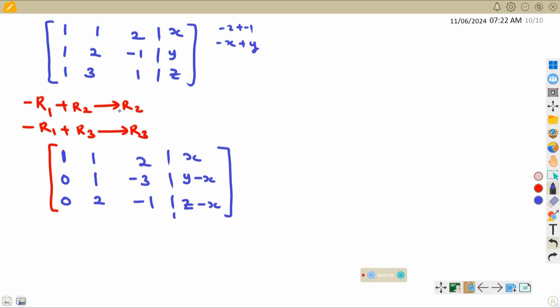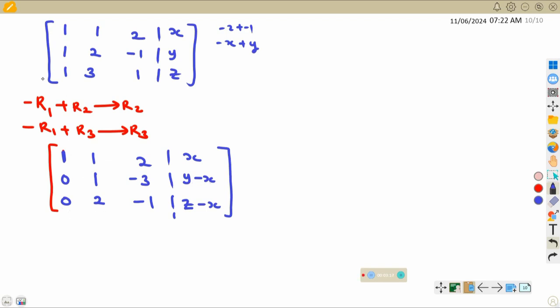Then we shall apply our operations in row 2 and row 3. So of course we shall obtain this matrix. That is, you are applying negative 1 in this one. So negative 1 plus 1 is 0. Negative 1 plus 2, you get 2 minus 1, which is 1. Negative 2 plus negative 1 will give you negative 3. Negative x plus y is y minus x.